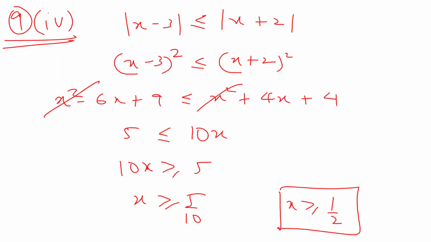Okay, so exercise number 5. Question number 1. Find all pairs of consecutive even positive integers, both of which are larger than 8 and their sum is less than 25. So let the first even positive integer be x.